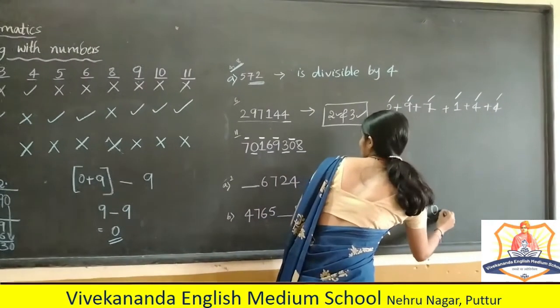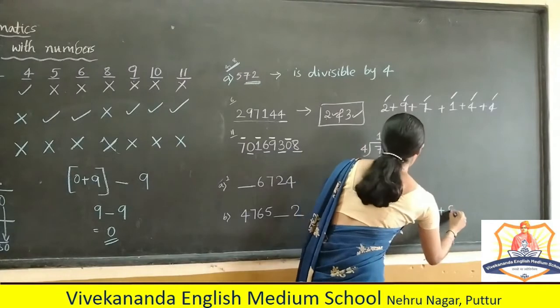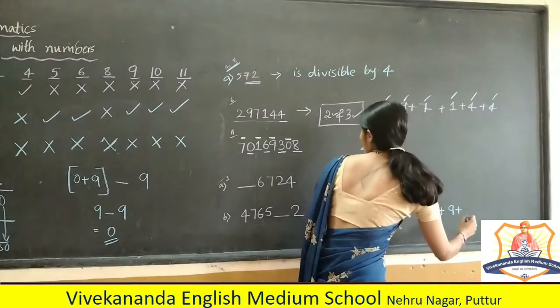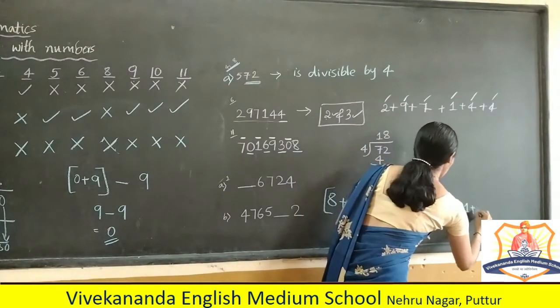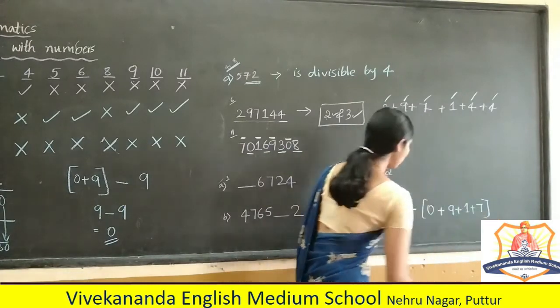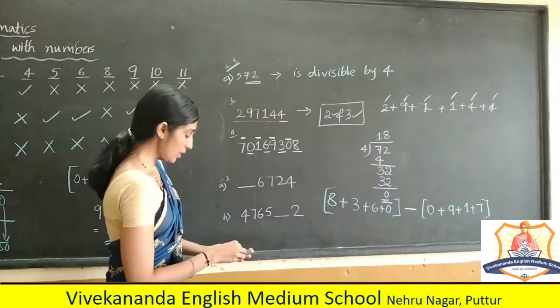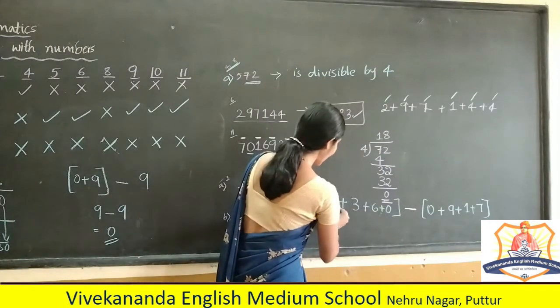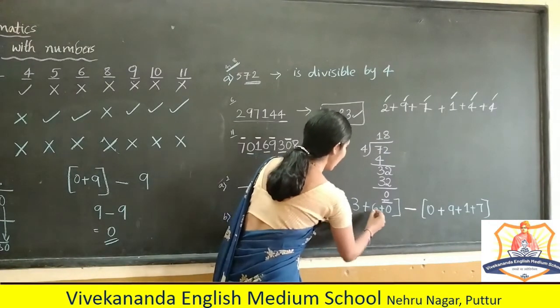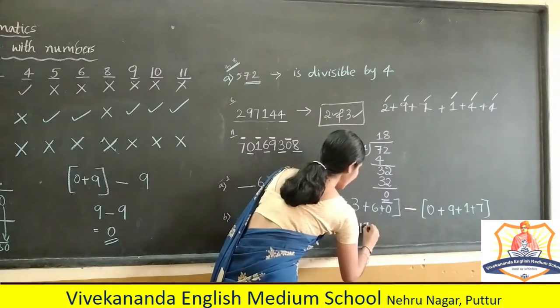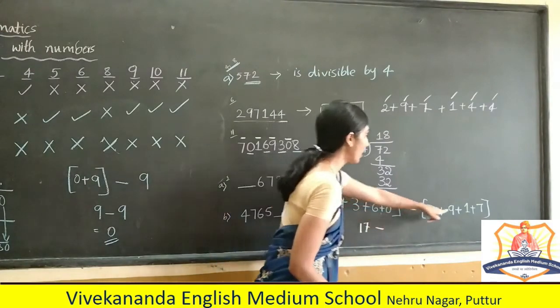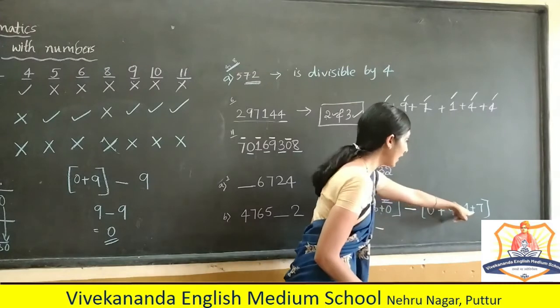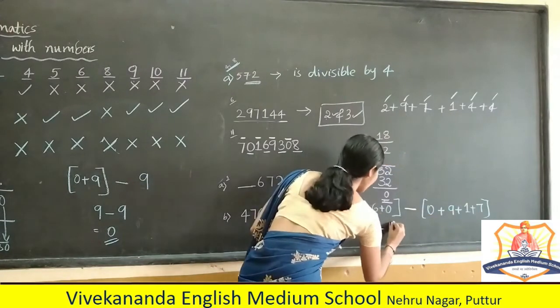Tell children, 0 plus 9 plus 1 plus 7. So, what is the sum here? 8, 11, 11 plus 6, 17, minus 9 plus 1, 10, 10 plus 7, 17.